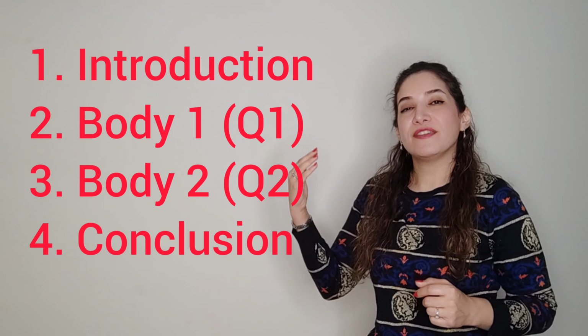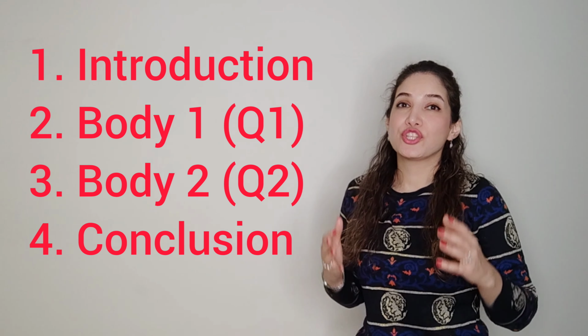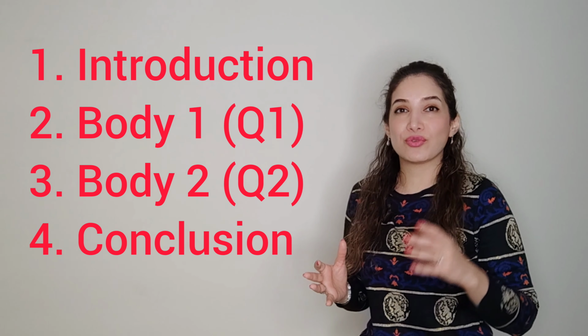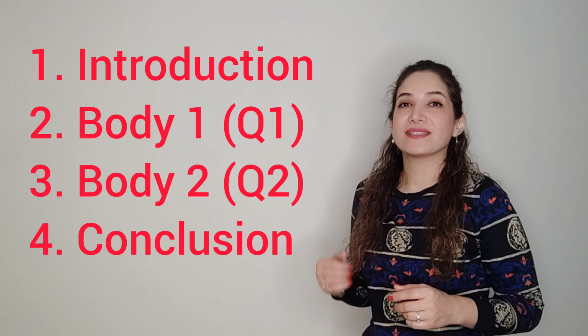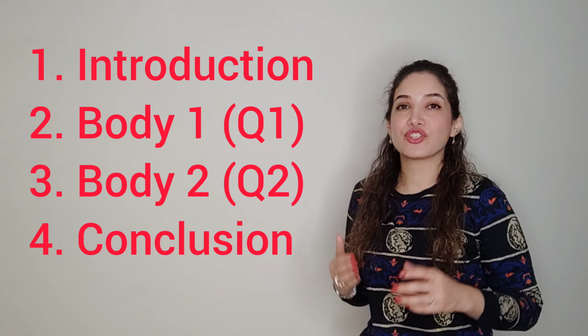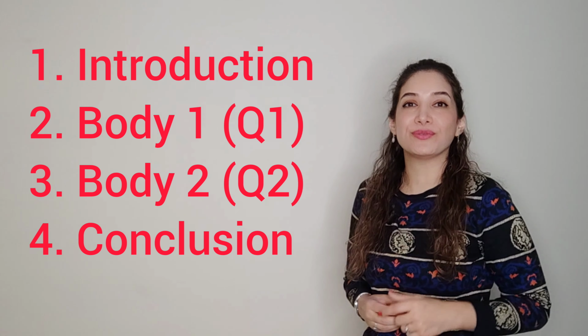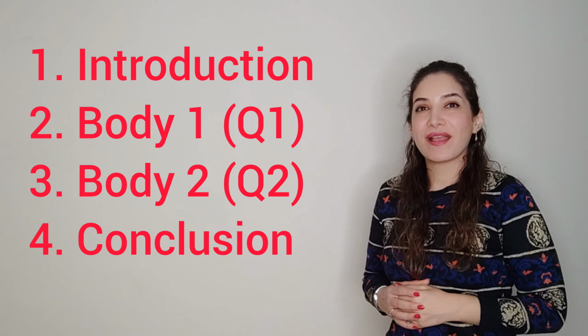And then the first body paragraph should be allocated to question 1, and the second body paragraph should be allocated to question 2. And then the last paragraph will be the conclusion, which is somehow the summary of the answers to both questions, question 1 and question 2.